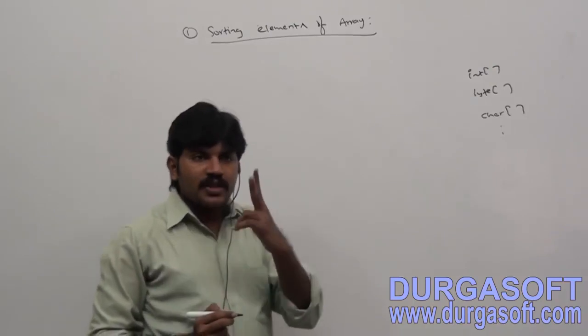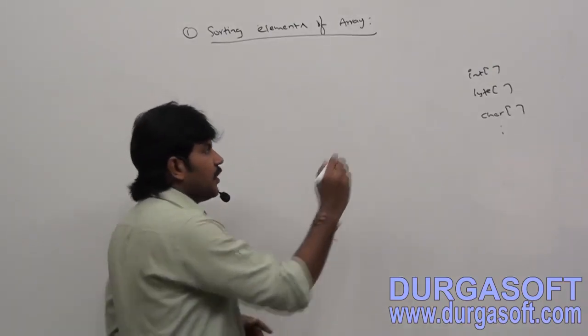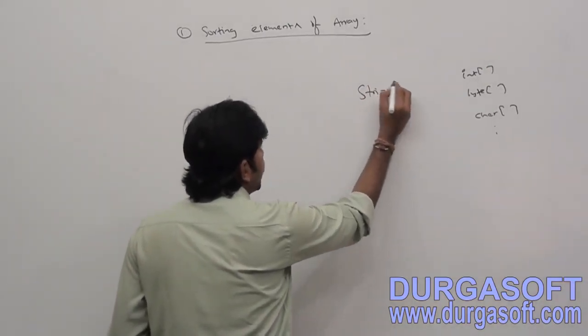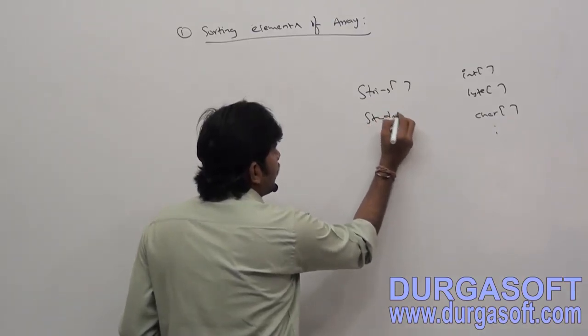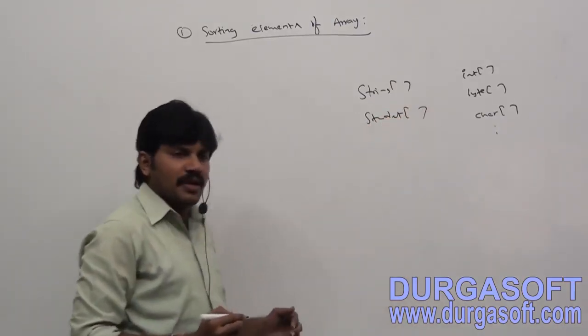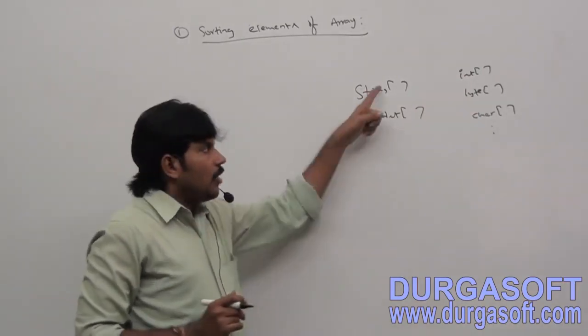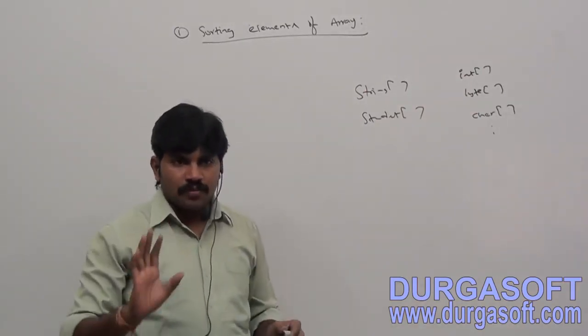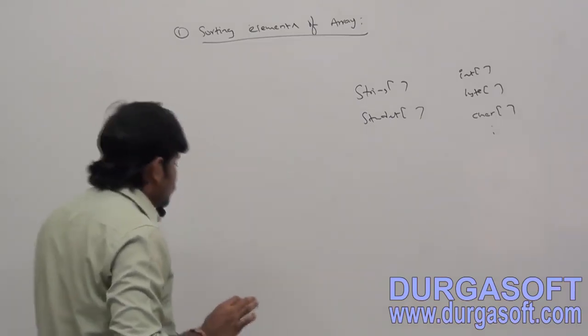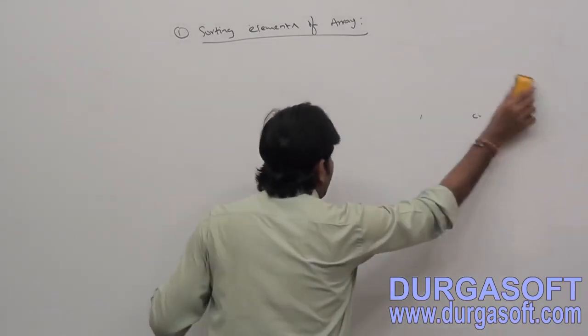But two methods for object type arrays, maybe a string array, student array, customer array. So primitive type arrays we can sort, object type arrays we can sort, no problem at all.